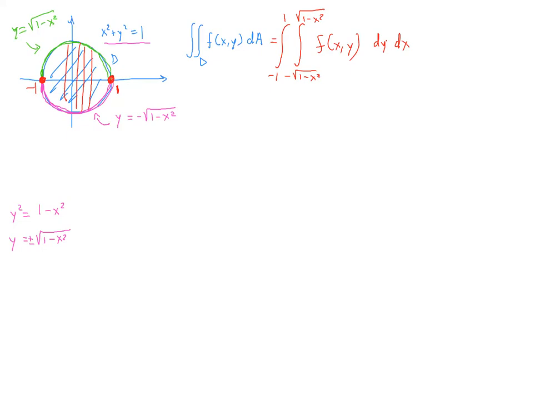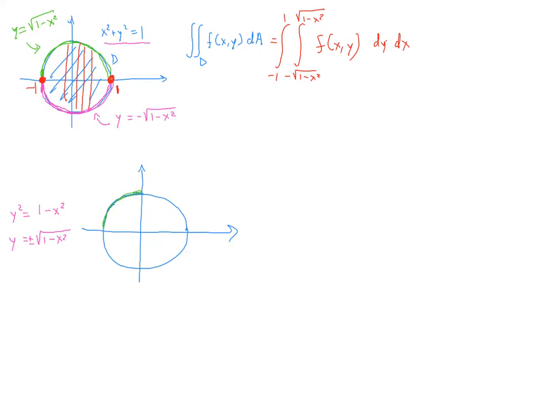And this could have been done also by doing first horizontal integration and then vertical integration. So we could have something along these lines. Let me change color so that it becomes a little more distinct.